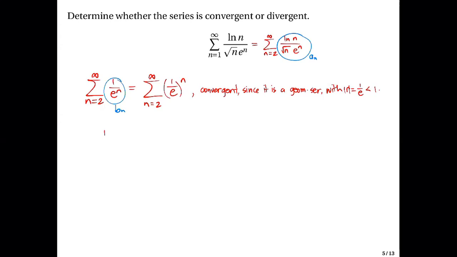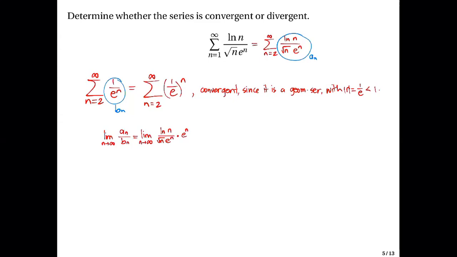So, we are getting the limit of an over bn as n approaches infinity. an is ln n divided by square root of n e to the n, and bn is 1 over e to the n, so reciprocal, this is just e to the n.